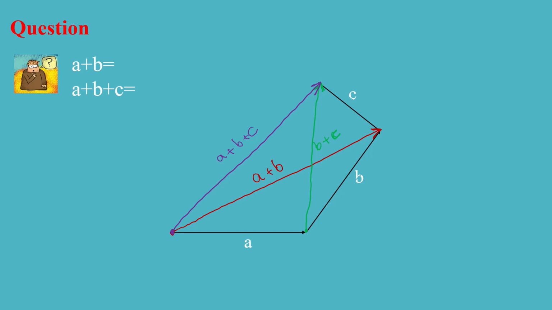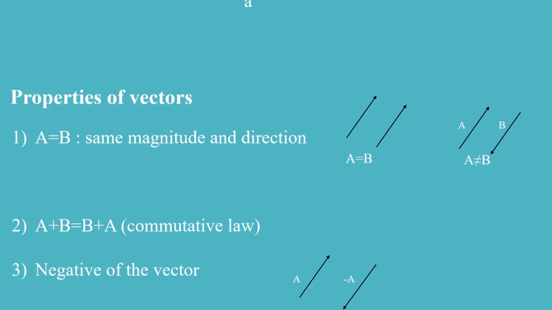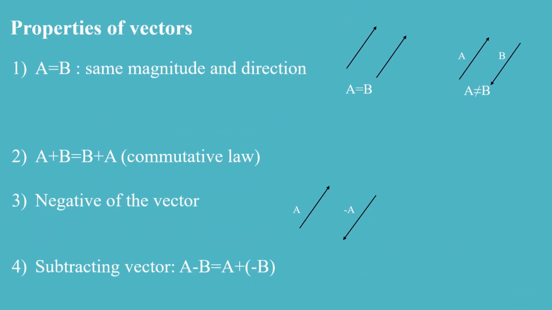Now let's go back to the properties. The other property is that a vector can be negative. For example, I have vector A, right, and minus A means that it has the same magnitude but a different direction. As you can see here, the direction of A is upward, however the direction of minus A is downward, right? And also they can be subtracted.